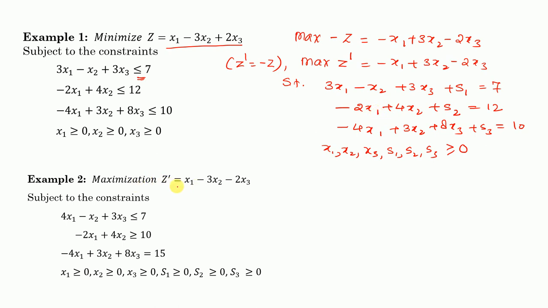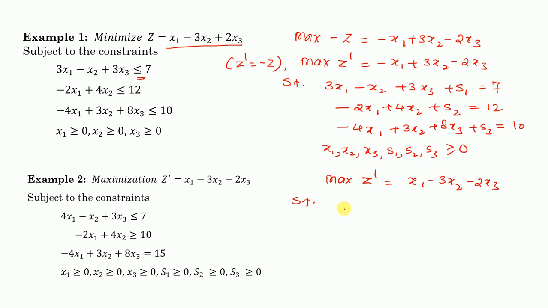Now look at the second example, is already maximization. So you can write maximize z dash, this equal to x1 minus 3x2 minus 2x3. So no need to change it. Now subject to, so this is less than equal to 7.